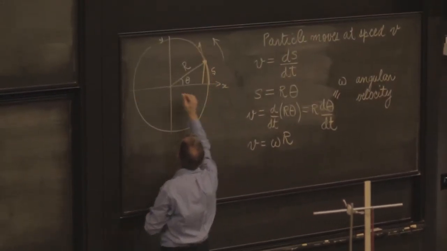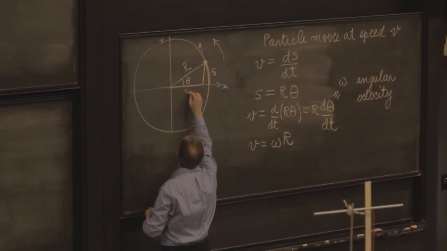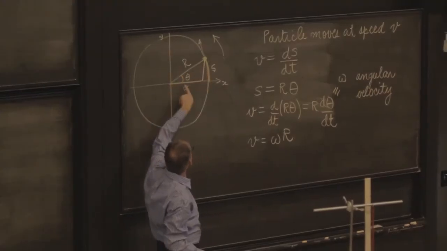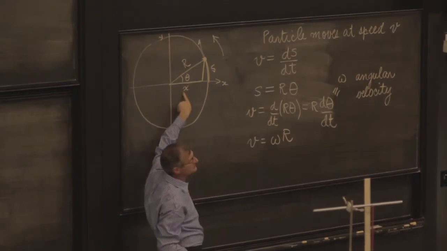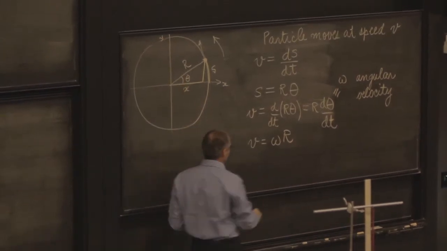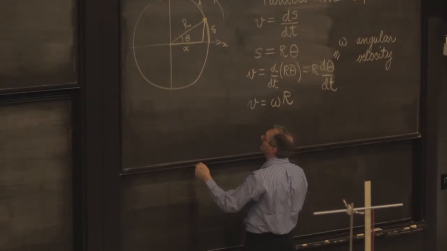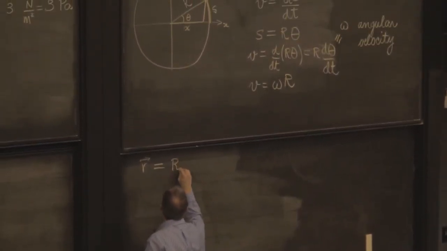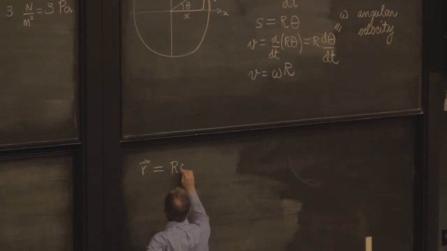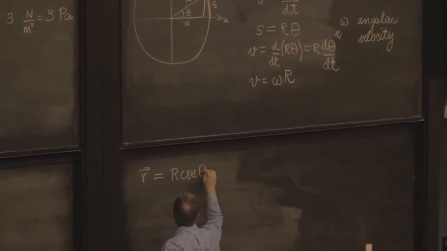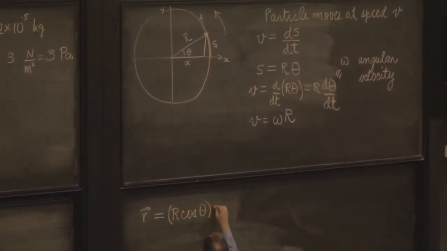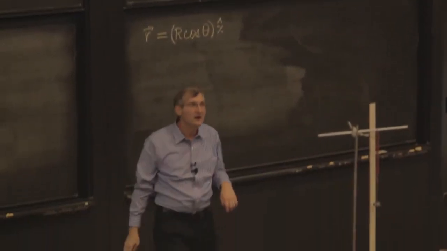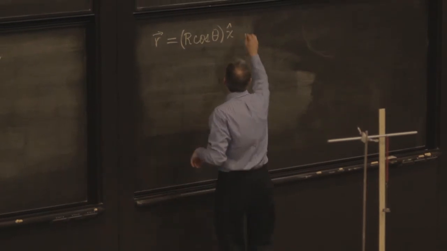So the x component here: that hypotenuse is length r, the angle here is theta, x is the adjacent, x over r is adjacent over hypotenuse, that's cosine. So I get r cosine theta, and that's in the x direction. And what about the y direction? r sine theta.